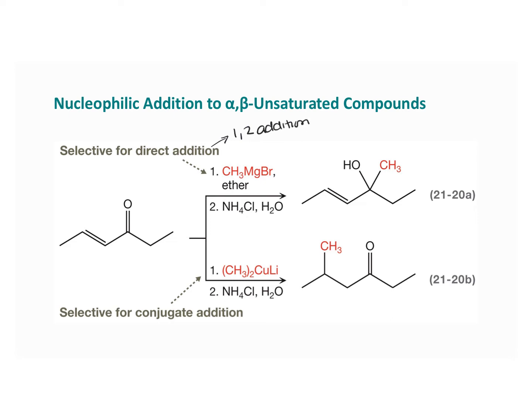Okay, and that's going to add there. And then weaker nucleophiles like the lithium dialkyl cuprates selectively add to the beta carbon in conjugate addition or 1,4 addition, right? And we reviewed this. This is all originally from chapter 18. So we have seen these quite a bit.